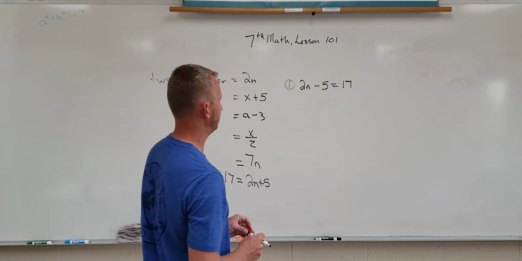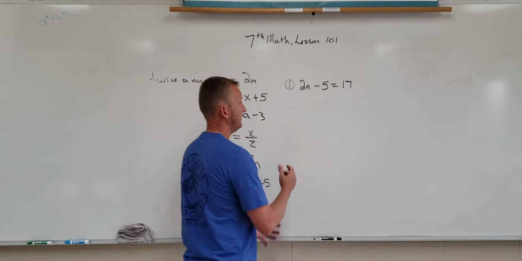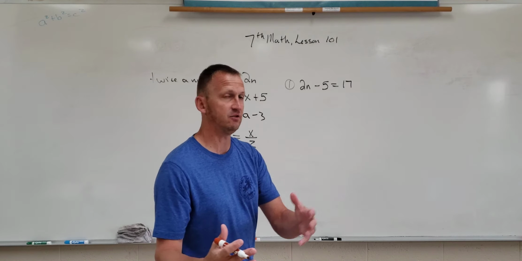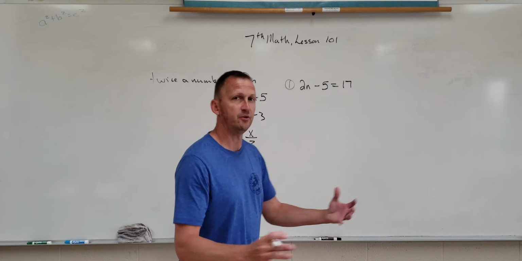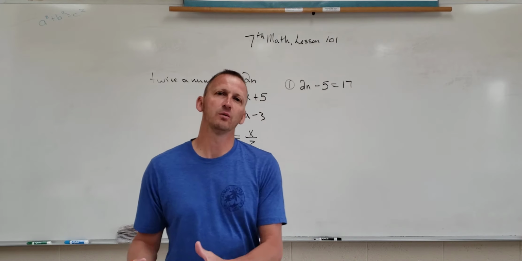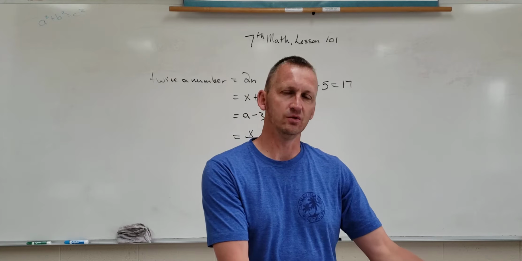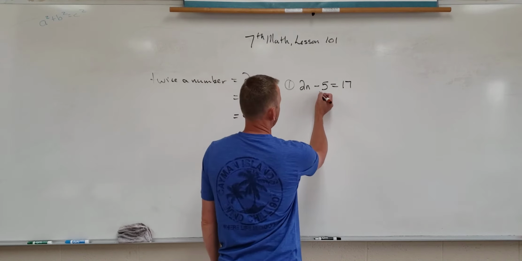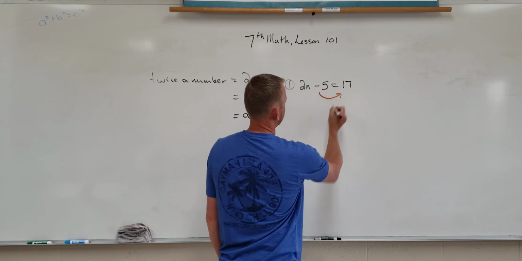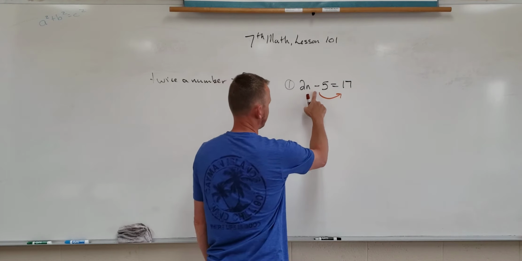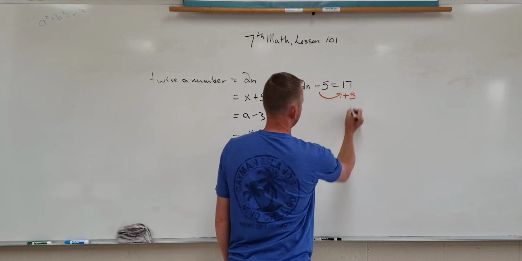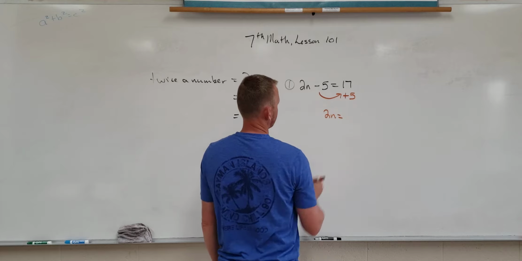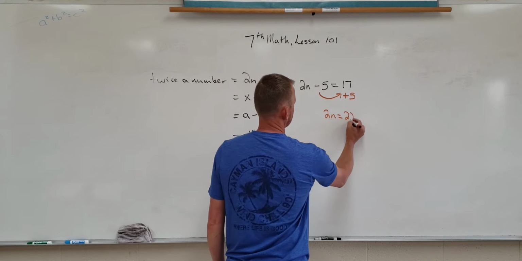So we're going to solve it. We've been doing these on the last half of almost every lesson, you've been actually solving these. So we're not doing anything different except you're taking a word problem and turning it into an equation. So we have our minus 5. Bring it over. If it's subtraction here, it is addition here. 2n equals 17 plus 5, 22.